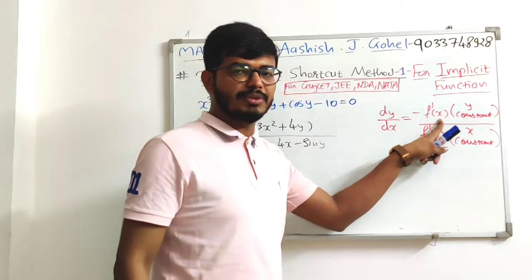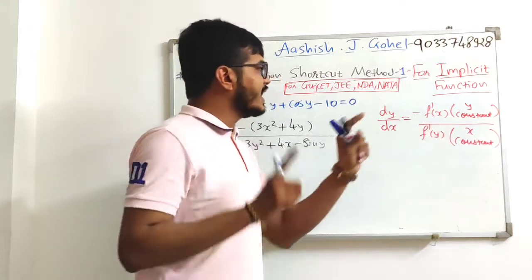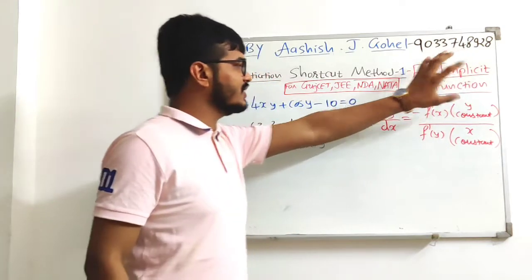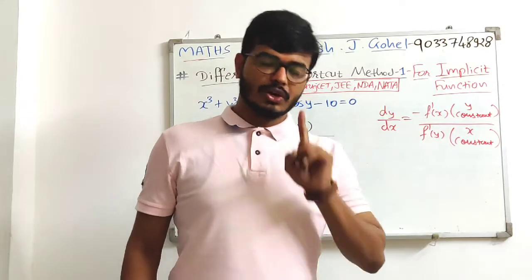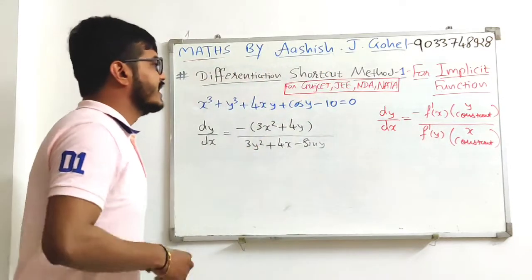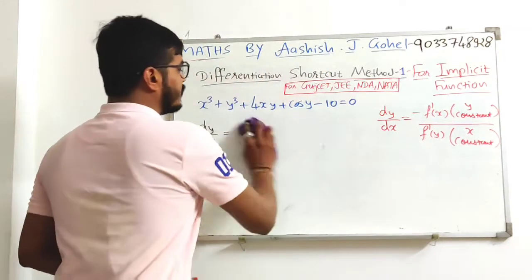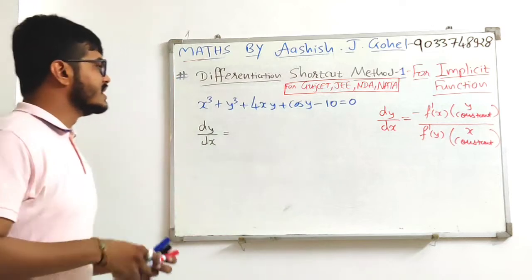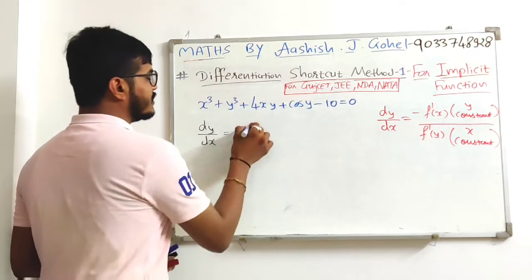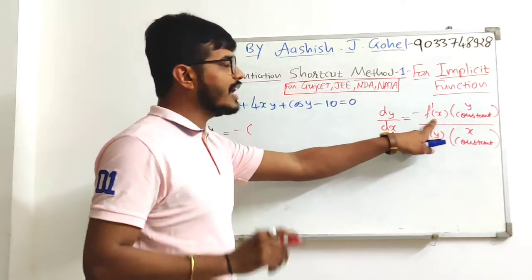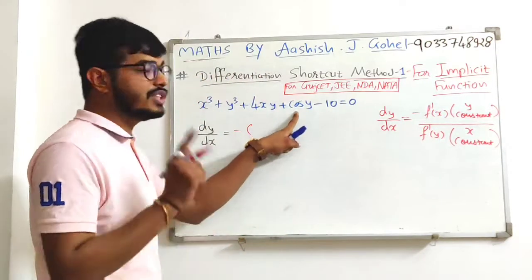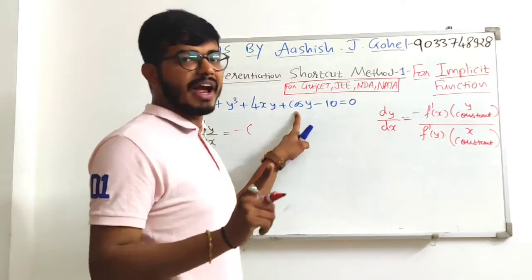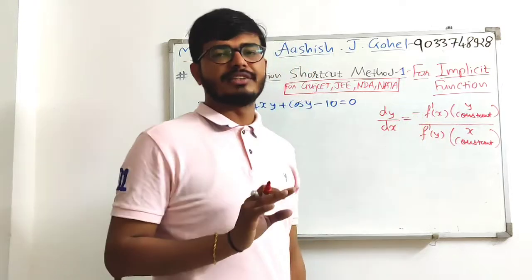With the help of this formula you can solve differentiation of implicit function within 3 or 4 seconds in a single step. Okay, let us apply it again in this same question. See, first we will put a negative sign, then f dash of x means we need to differentiate this equation with respect to x, keeping in mind that y is constant.